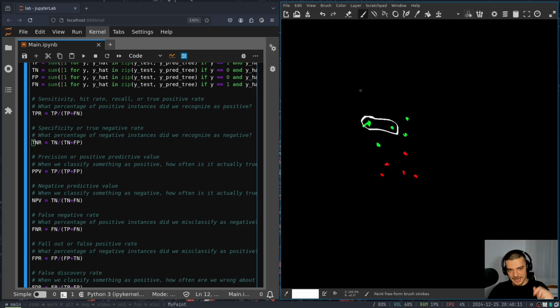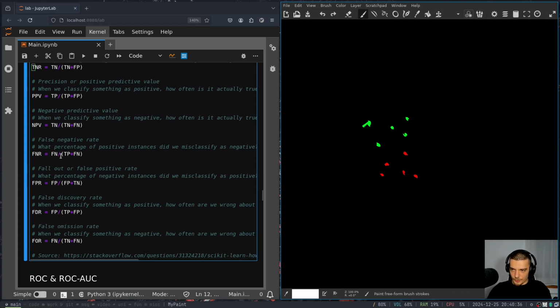It only matters how many of my positive predictions are actually correct. And the same thing is also true for the negative predictive value, which is the same thing for the negative instances. When I say that these two are negative, everything else is positive, my NPV is 100% because I'm correct 100% of the time for negative instances.